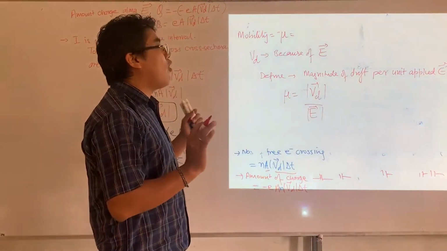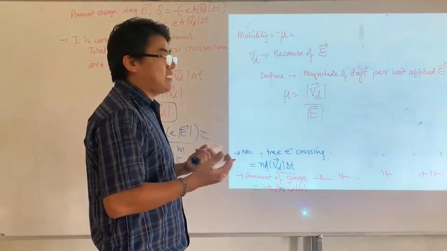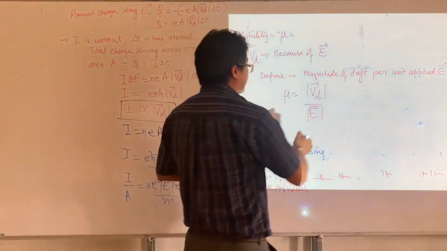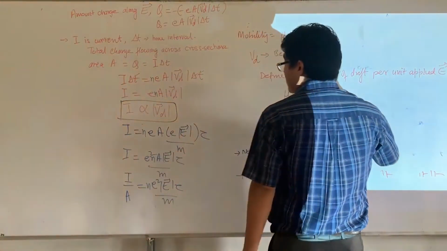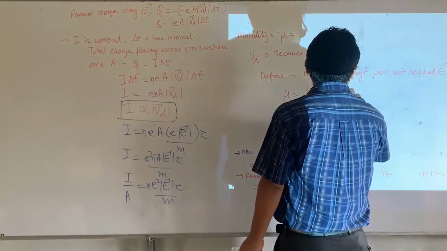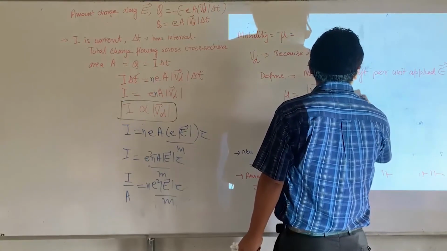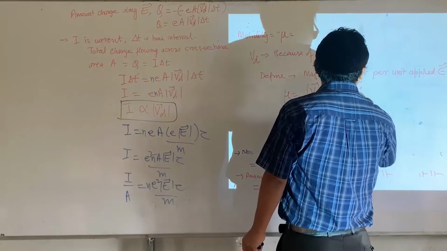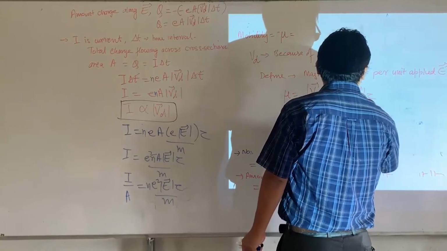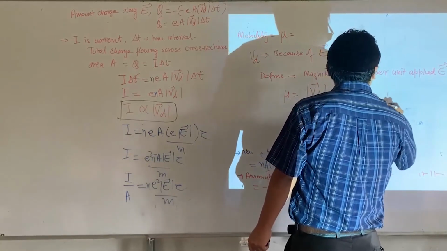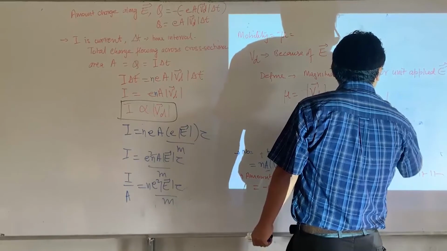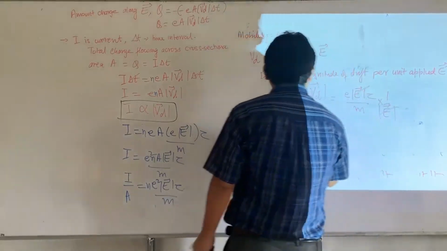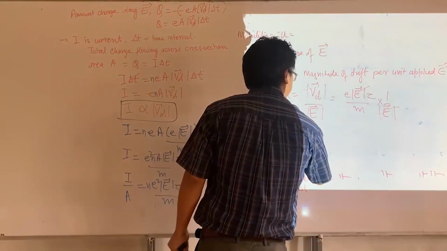Now, this is all the nature of that particular material, right? So what is drift velocity? Drift velocity is defined as E tau divided by m times E, and E cancels out. Mobility is this.